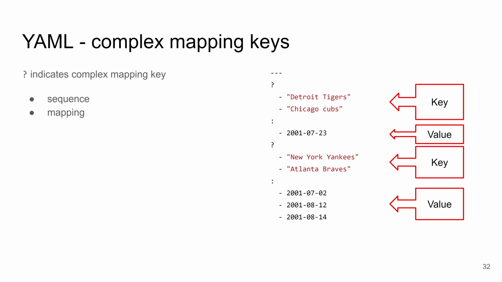And this maps to a sequence of dates which has 3 items. So this maps a sequence to a sequence. Like this, you can also map a mapping to a mapping, or mapping to a sequence, or sequence to a mapping. So this is one additional feature you might come across in YAML, which might be a bit surprising because this wasn't present in any of the key value formats we talked about up to now, not even JSON.